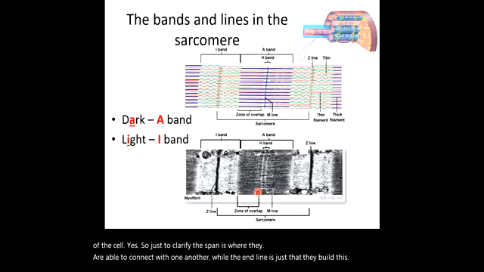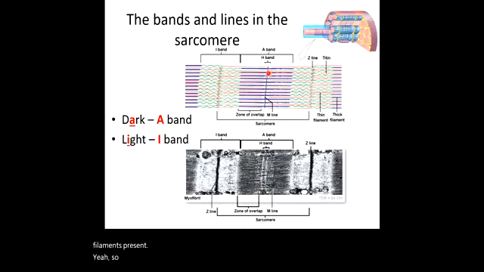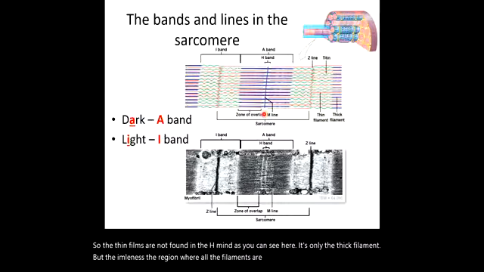Yeah, so the question about the H band. The H band is where you don't have any thin filaments present. The thin filaments are not found in the H band, as you can see here. It's only the thick filament. But the M line is the region where all the thick filaments are connecting one to another.